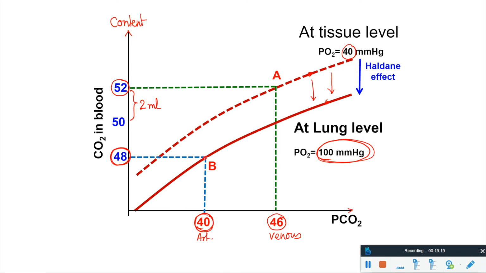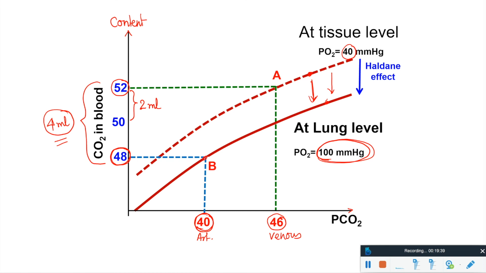Now we can appreciate from here that the difference of carbon dioxide content between arterial blood and venous blood is 4 ml, and this difference is due to the downward shifting of this curve.